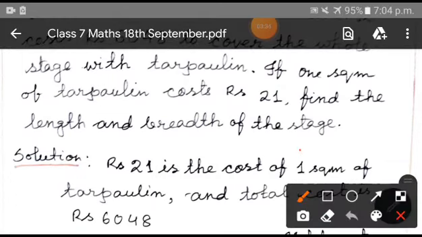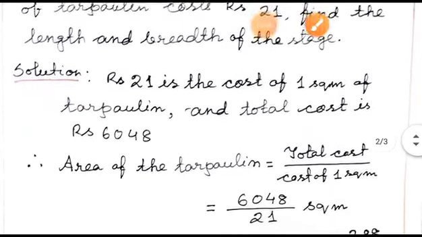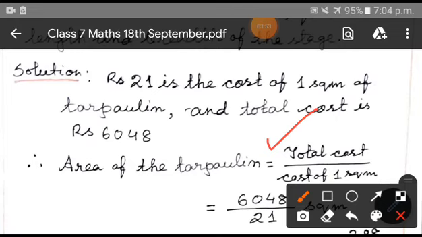So here the cost of 1 square meter of cloth is given, which is 21 rupees, and the total cost is given, which is rupees 6048. Now in this case if you divide, then you will get the total area of tarpaulin required. So you are dividing this total cost by the cost of 1 square meter.